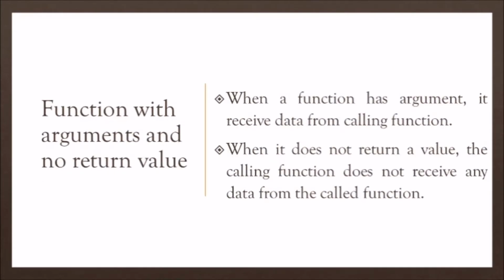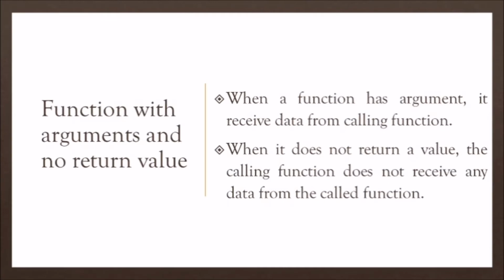So this is a function with arguments and no return value. When a function has arguments, it receives data from the calling function. When it does not return a value, the calling function does not receive any data from the called function.